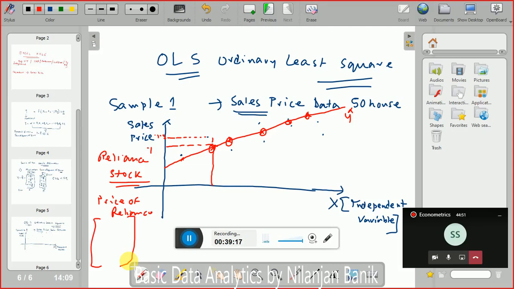Given this observation about the price of Reliance stock over the last 1 month, what is your best guess as to what would be the price of Reliance stock tomorrow? How will you proceed?